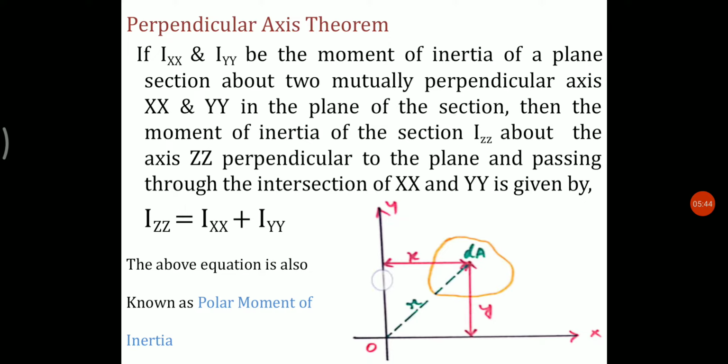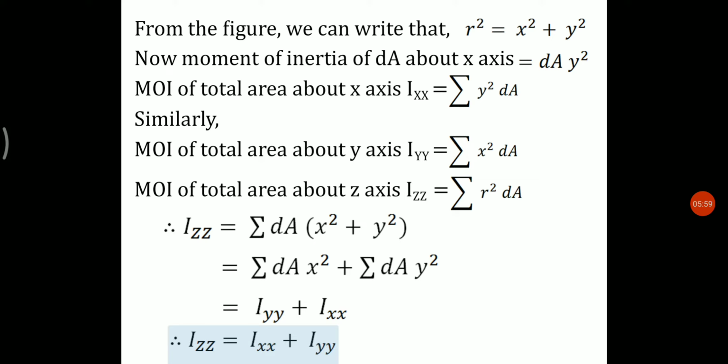Let x be the distance of dA from axis OY, y be the distance of dA from axis OX, and r be the distance of dA from axis OZ. Now we can say from the figure that r squared is equal to x squared plus y squared. Now the moment of inertia of dA about x axis is given by dA into y squared, that is from the parallel axis theorem.